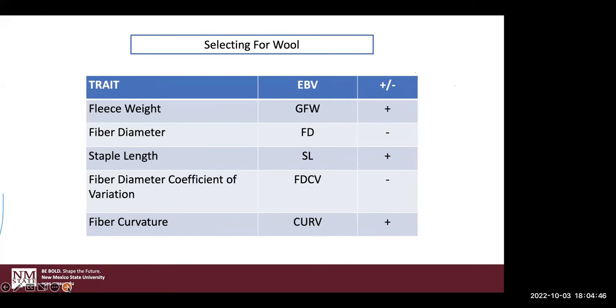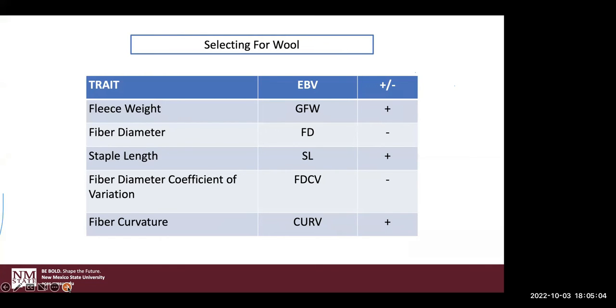So wool has a bunch of characteristics, all considered, and some are more heritable than others. Fleece weight's fairly heritable. Staple length is very heritable, but then you've got some like variation and curvature, which are a little less heritable.